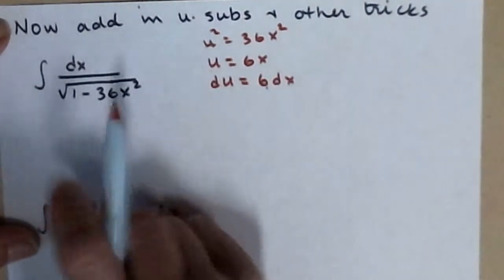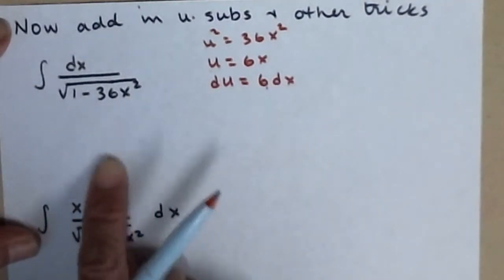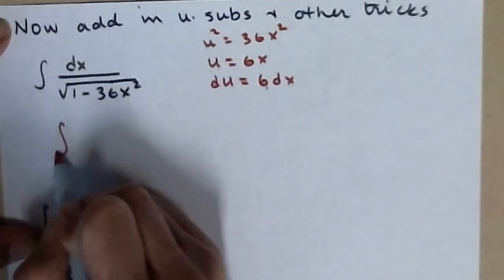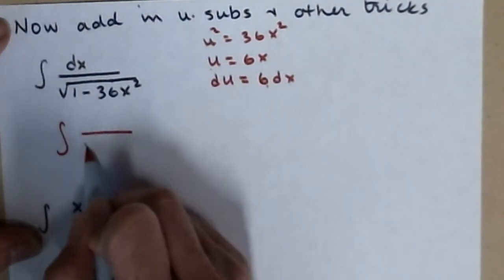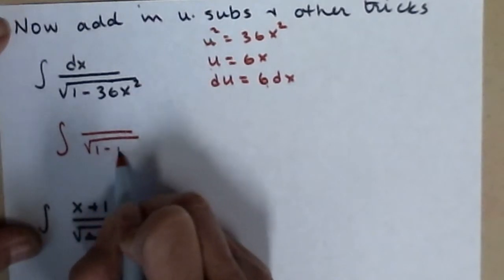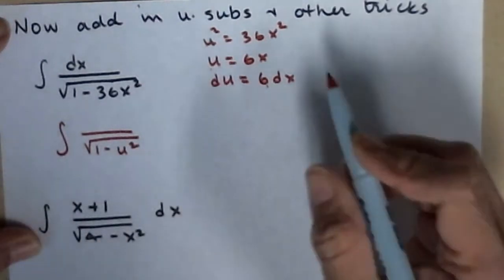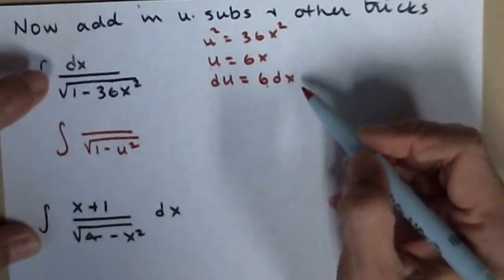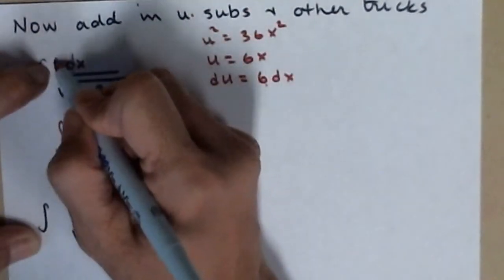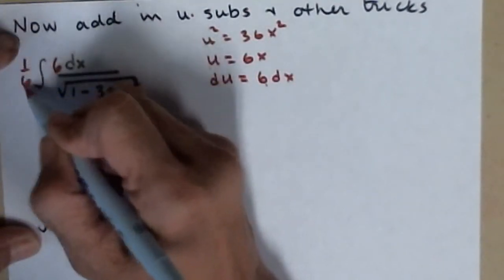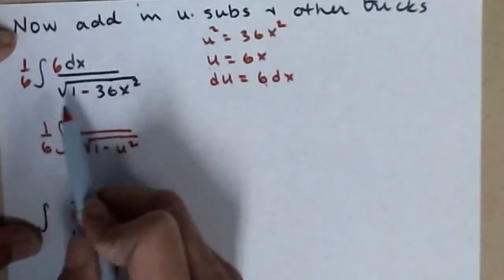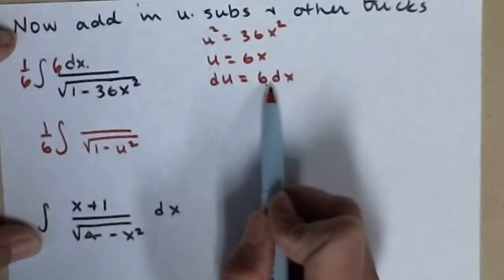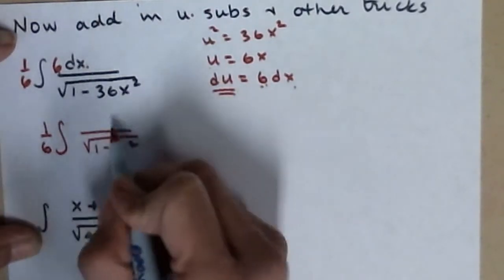Okay, here we go. Everything here is going to get transformed in red to be u's and the fudge factor put in. So I'm going to have, under my radical, 1 minus u squared. And on top, I need to have a 6dx. So 6 up top, 1/6 out front. So the 1/6 out front carries down. And this 6dx is the same thing as du, which is what I would like.